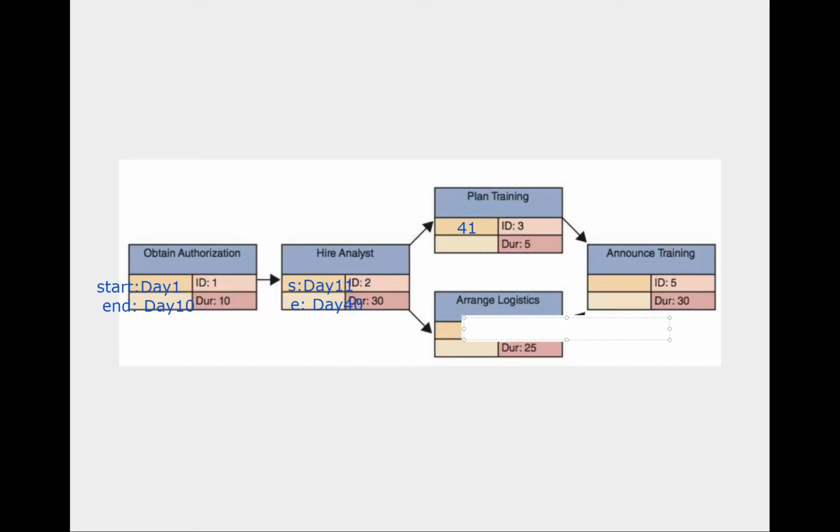So this is also 41. If you start with 41, the duration is 5 days, 41 plus 5, 46 minus 1 is 45, right? So the end date should be 45. Similarly, 41 plus 25 is 66 minus 1, this should be 65, right? So on day number 65, you are going to finish this.